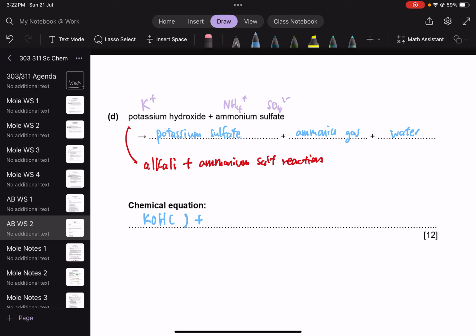So to balance these two ions out, you require two NH4 ammonium ions and SO4. So K+ and SO4 2- similarly gives K2SO4. And plus your ammonia gas, and your water.